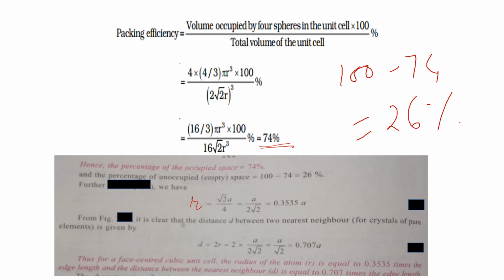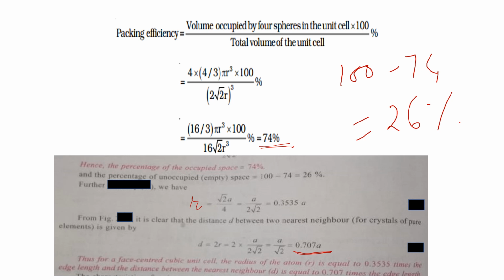And the distance D between two nearest neighbors, D is equal to 2R. From here we are getting 0.707A. Thus, for a face-centered cubic unit cell, the radius of atom R is equal to 0.3535 times the edge length, and the distance between the nearest neighbors D is equal to 0.707 times the edge length.